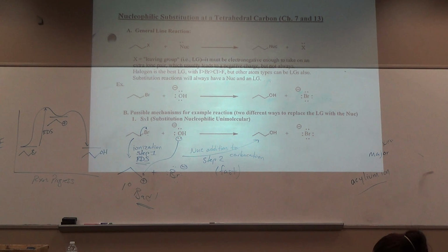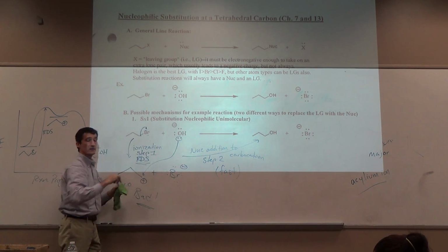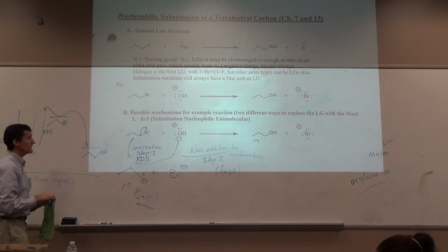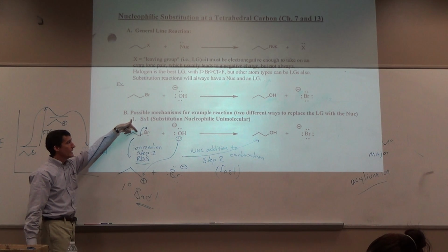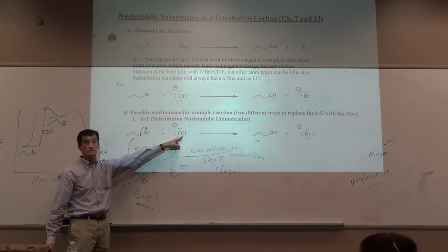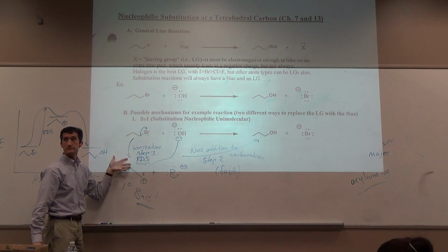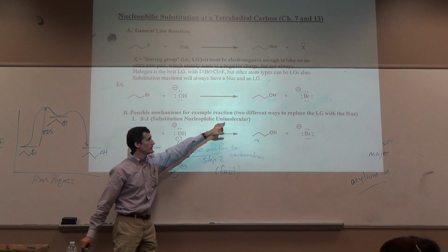Okay, here's why it's called SN1. How many of the reactants, the two reactants, are involved in the rate determining step? Which one's involved in the rate determining step? That one. Is that involved in the rate determining step? No. Just that ionizing. Hydroxide is not involved here. It's called SN1 because it's unimolecular.